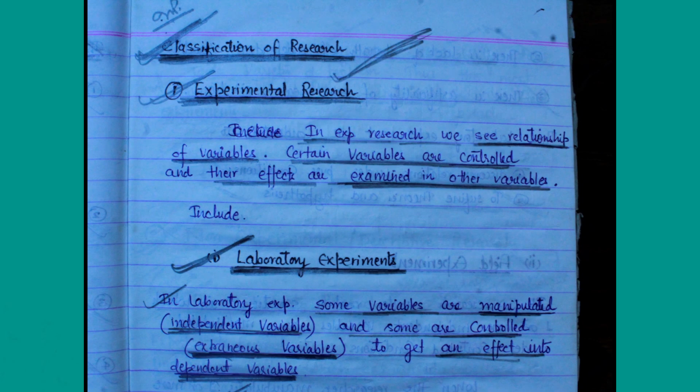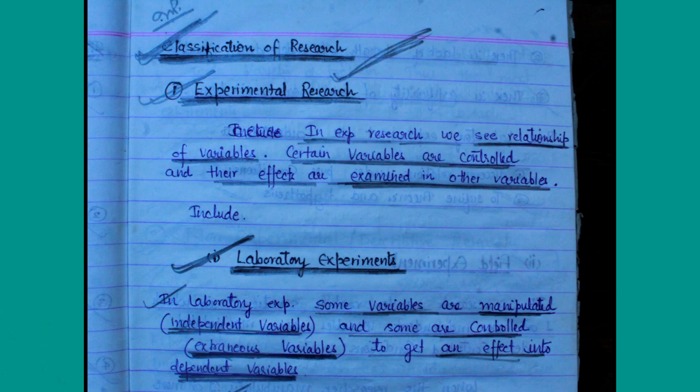Okay, the first sub-part of experimental research is the laboratory experiment. So a question can come: is a laboratory experiment an experimental research? The name suggests it is conducted in a lab, so a laboratory experiment is a part of experimental research. Now let us look into the laboratory experiment.